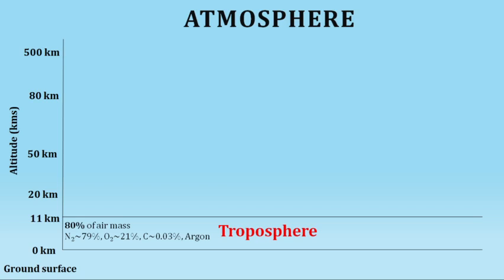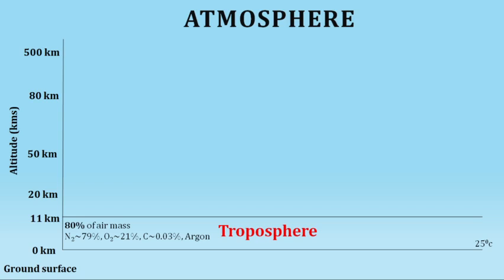Then we have carbon dioxide, that is 0.03%, and traces of argon. Apart from that, the troposphere can also have the presence of water vapors during the cloud formation period. So this is the composition of gases in the troposphere.